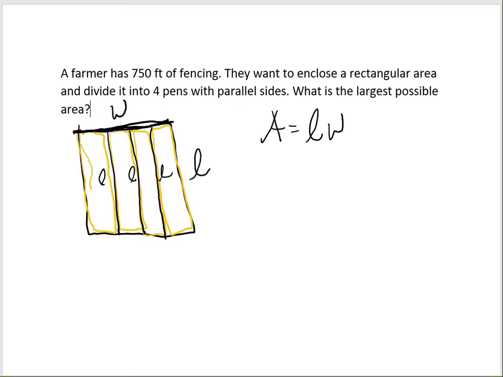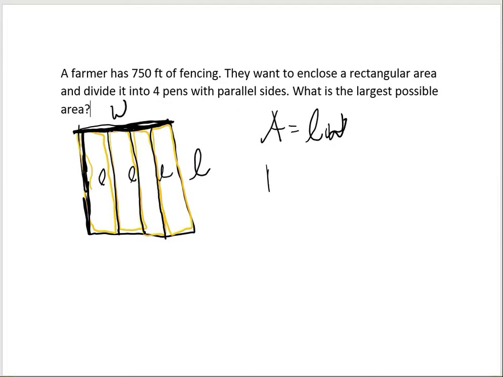If you look at the big rectangle, the length of the big rectangle is still the length of all these smaller ones, because they're all parallel sides. And the width of the entire big thing is going to be the width of the big rectangle.